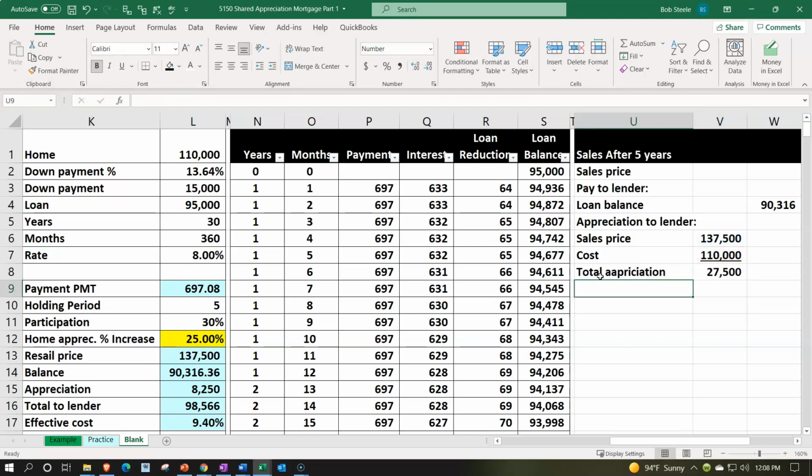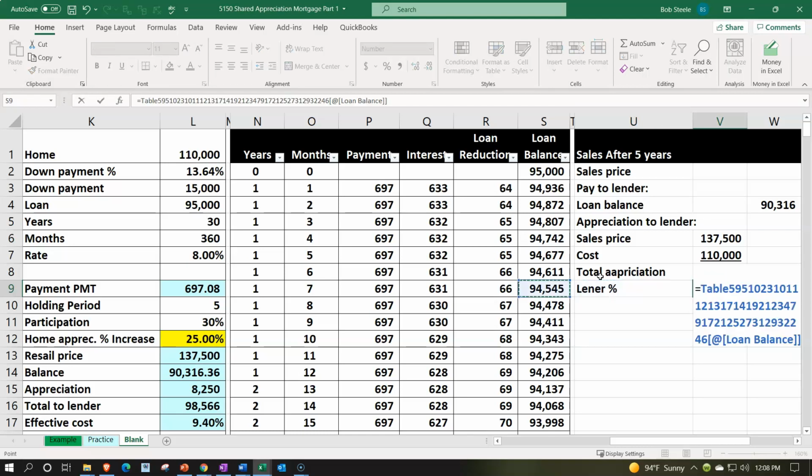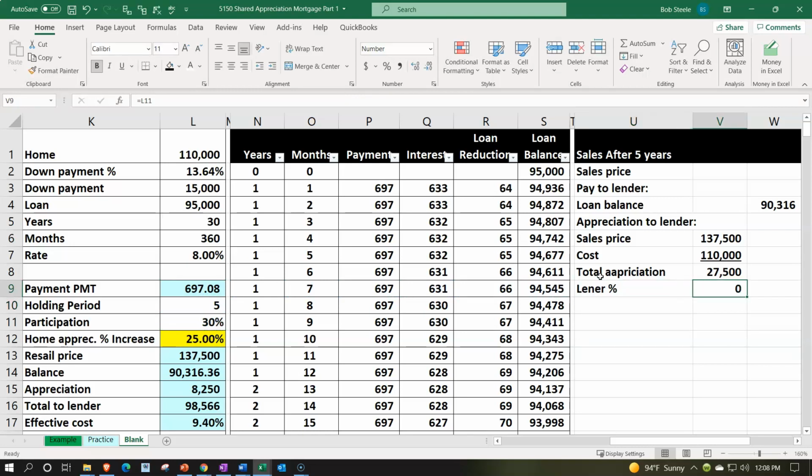And then the amount that we owe to the lender is a percent, which we call the participation. They're like, we're participating with you in this 30% participation. Number group percentage, underlining it. So that means there's a D in lender.